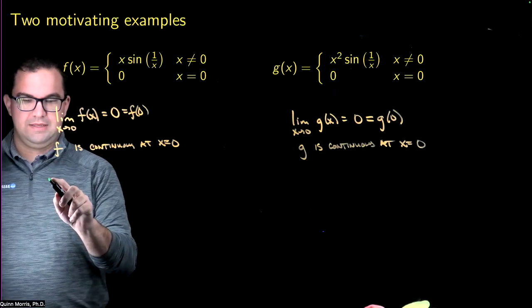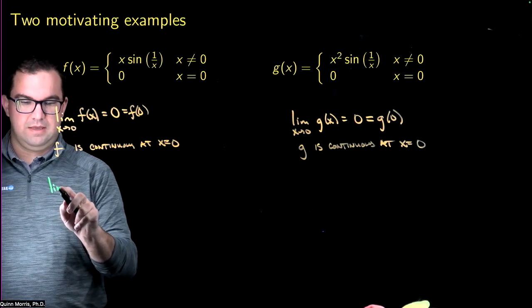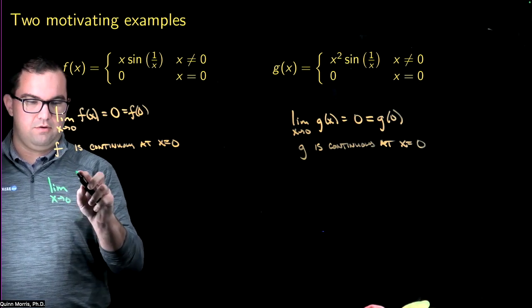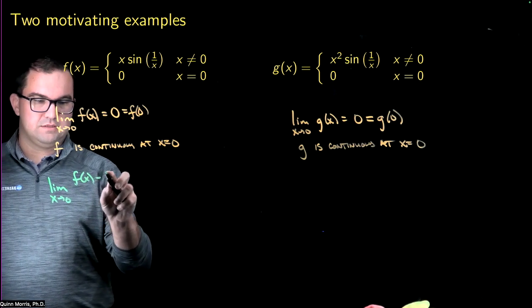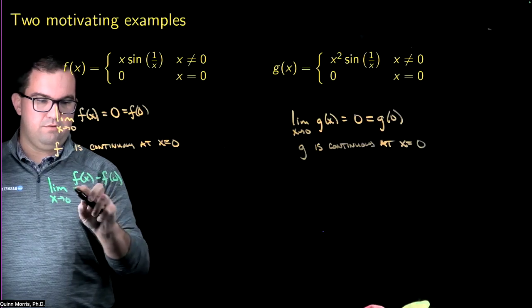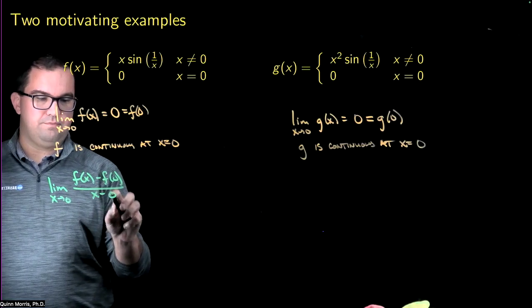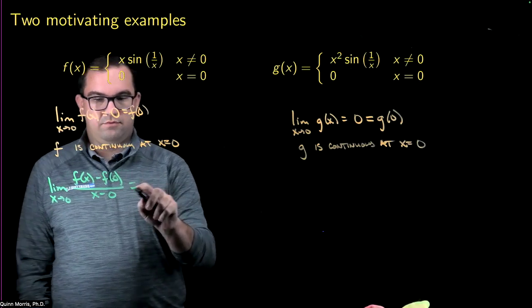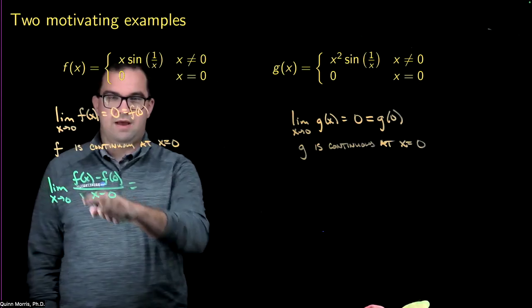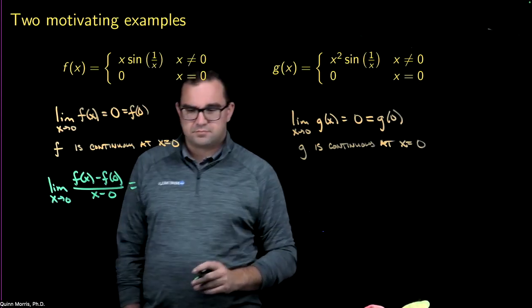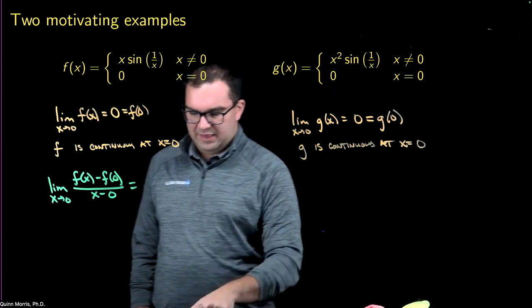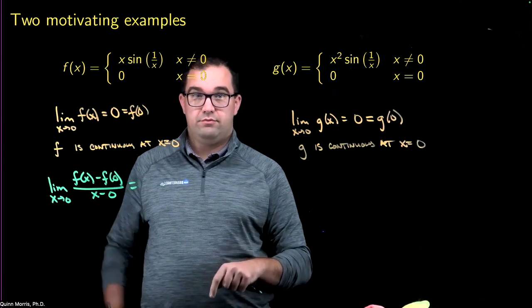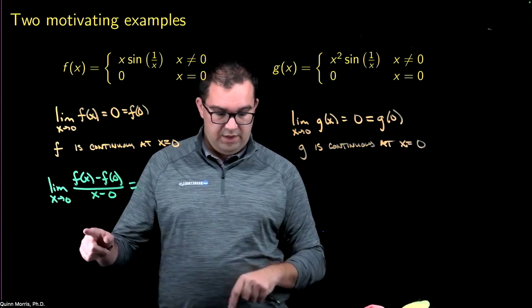So I can at least try to make sense of this limit as x approaches 0 of f of x minus f of 0 over x minus 0. Now, if I substitute in values, I'm really thinking about what's happening when x is not 0, so x is approaching 0 but not equal to 0.